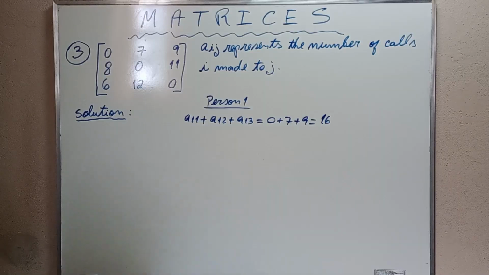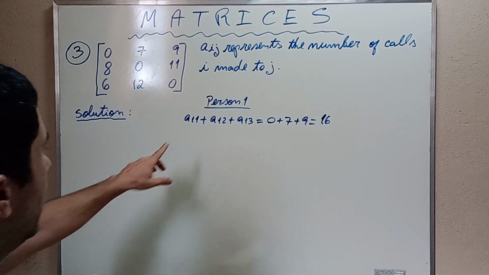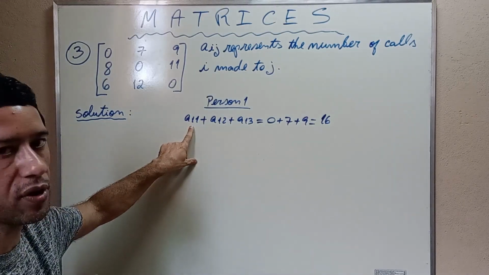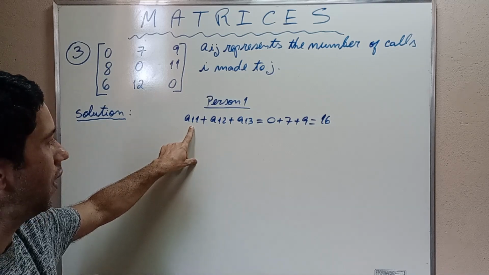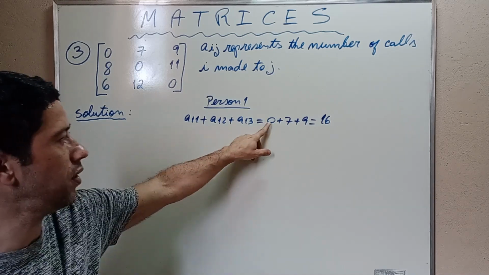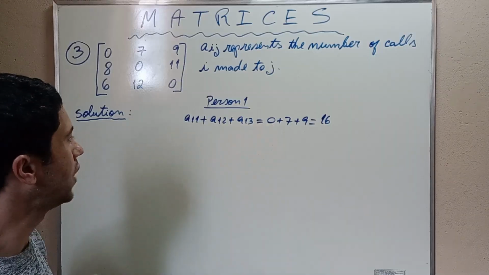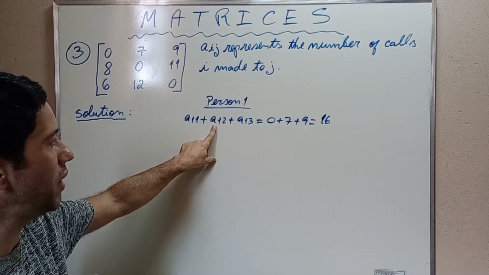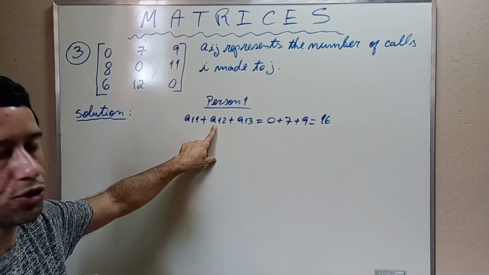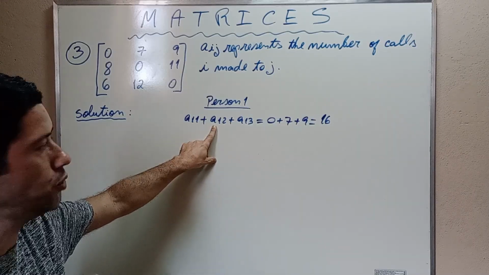represents the number of phone calls made by 1 to J. A11 represents the number of phone calls made by 1 to 1. As you cannot call yourself, it is 0. A12 represents the number of phone calls made by 1 to 2, to person number 2.